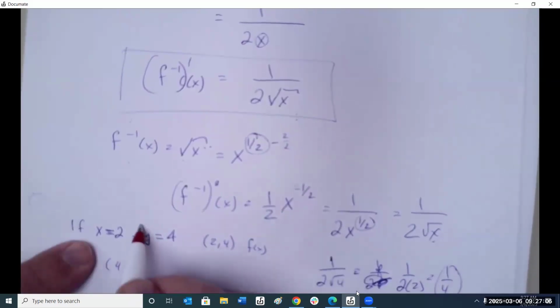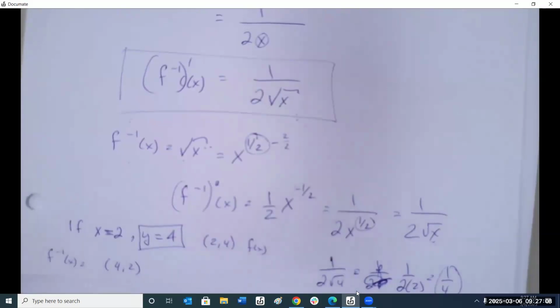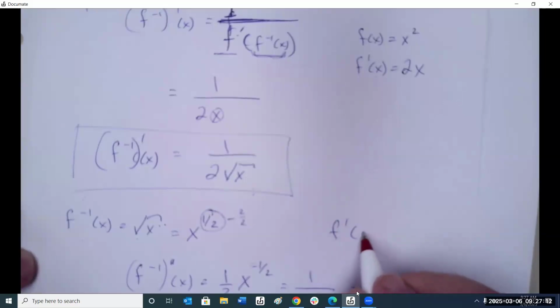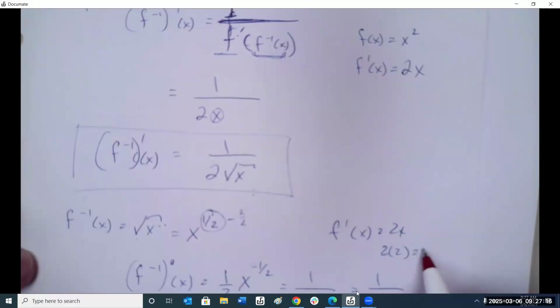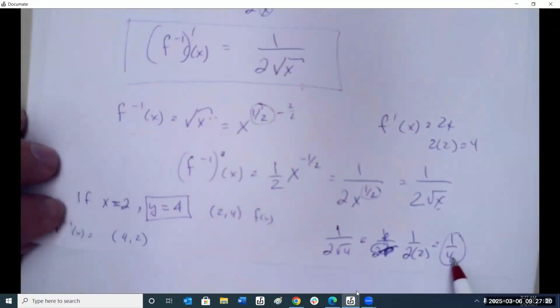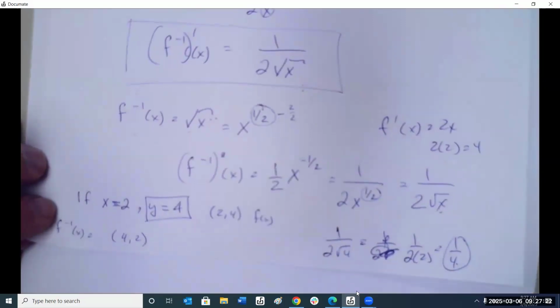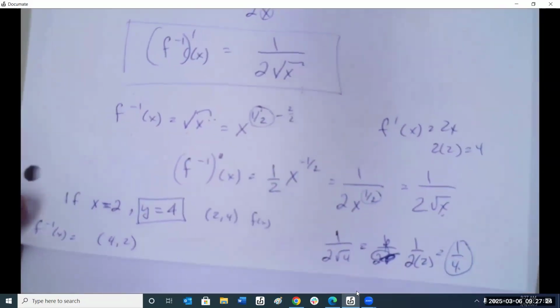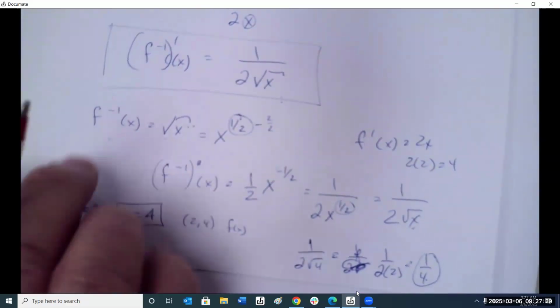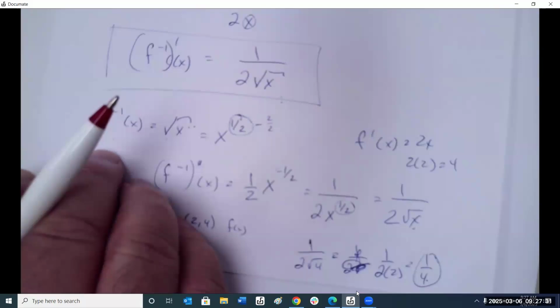So the slope of our original function, which was f prime, was 2x. So 2 times 2 is 4. And the inverse function has to be 1/4, the reciprocal of it. So this is where we can test it. Let's see what the next example is going to be. Example 2.